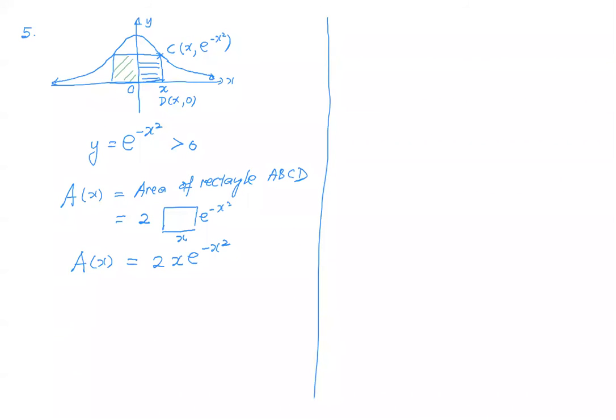During our last lesson, we use product rule. By the way, this is not a surd function because it is a negative x squared. Okay, can you please differentiate using product rule?